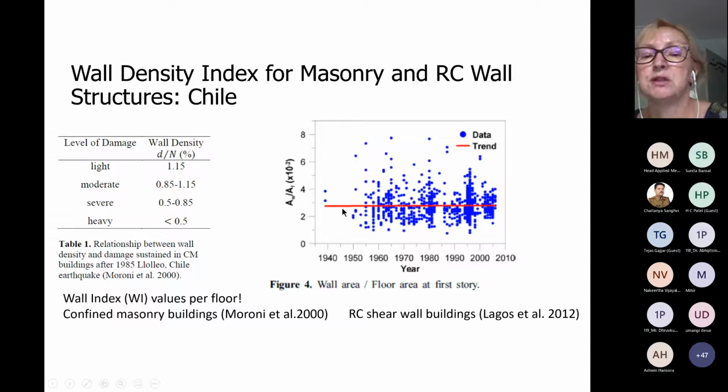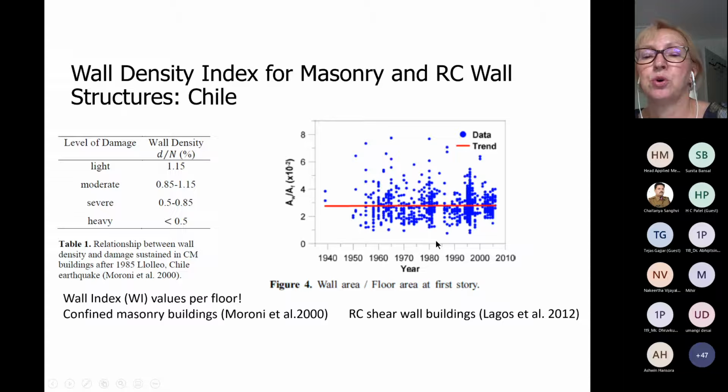And then you can see the percentage of wall area relative to the floor area. You can see it ranges from 1% all the way to 8%, depending on the building. And they show the trend through the years, how this percentage changed. Just to get a sense, and that is all at the first story level.